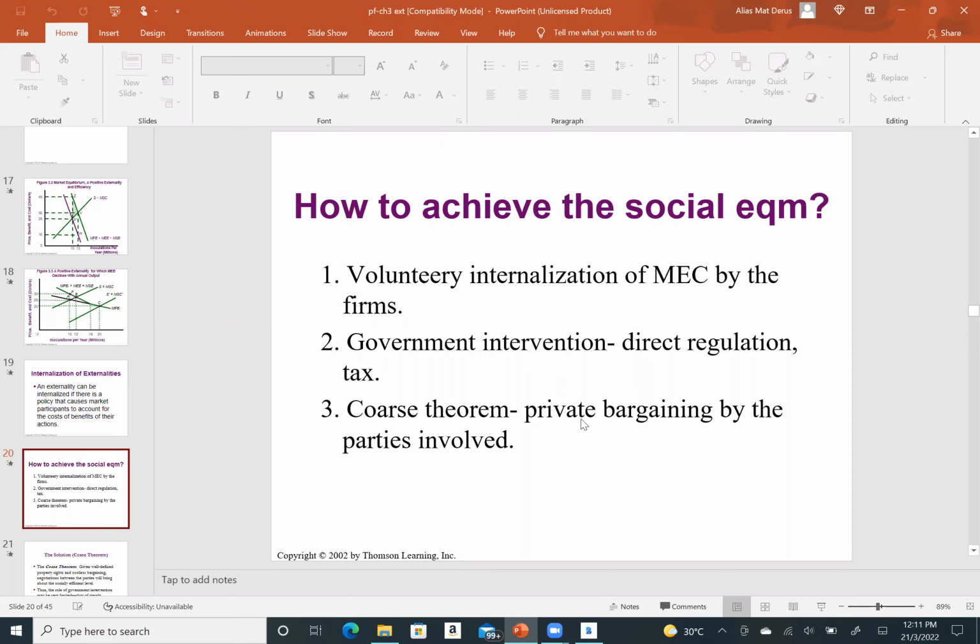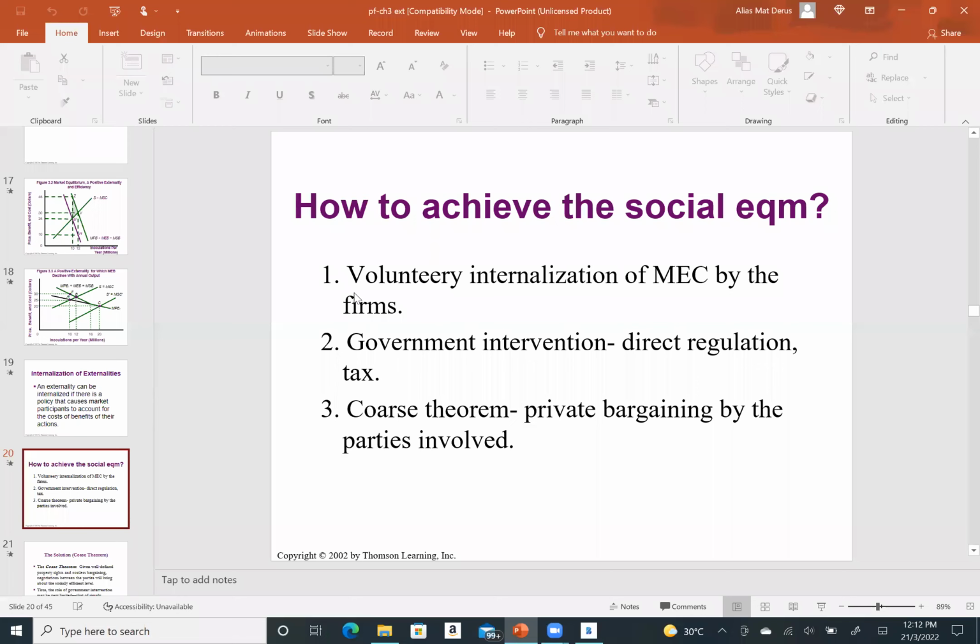Sometimes people become violent, but not that. You bargain rationally, have a discussion, then we can resolve the matter. No fighting. When we say bargaining, it doesn't mean punching, it means we discuss properly.